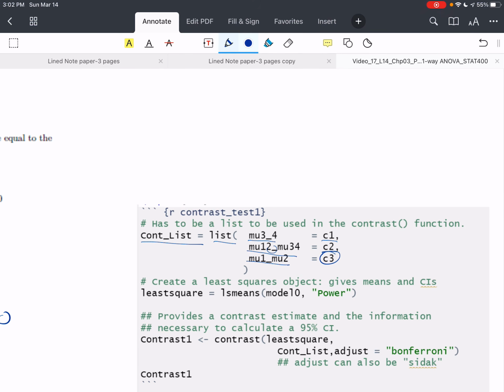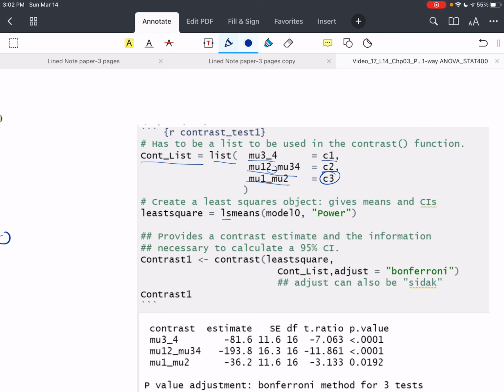Then we set least square equal to the LS means of model 0. And model 0 was an analysis of variance with etch rate as a function of power, and data equals Y1. So that was our model 0.